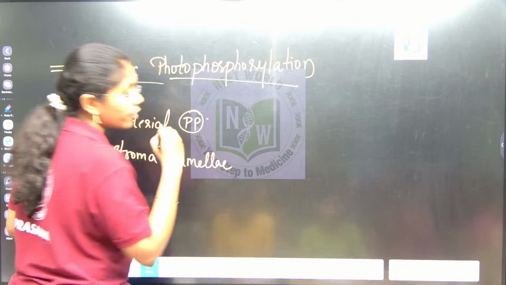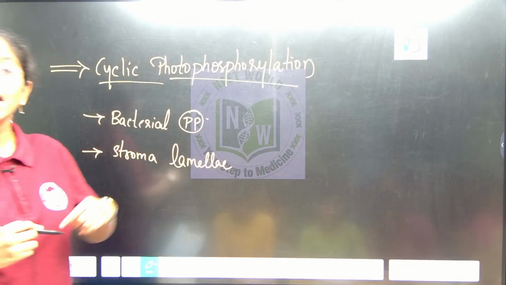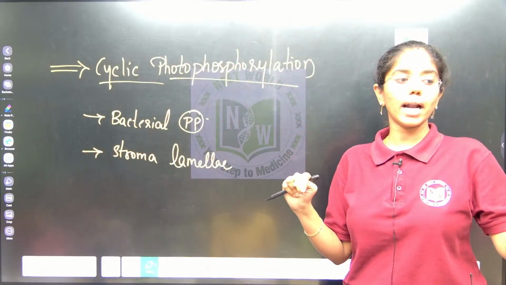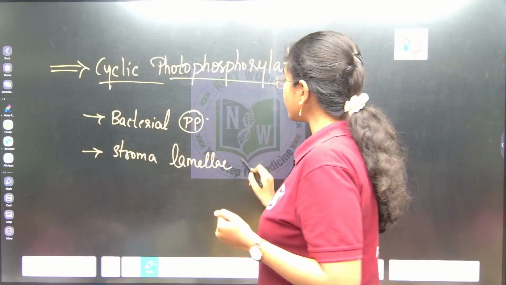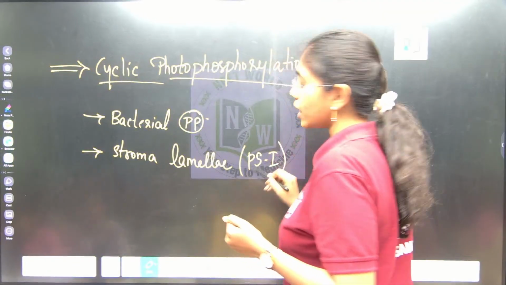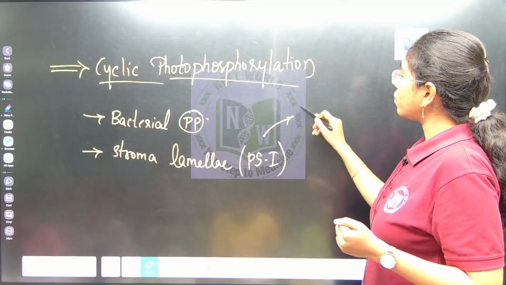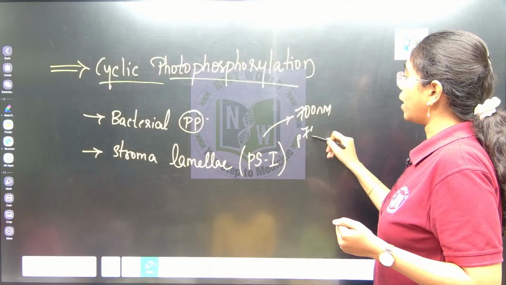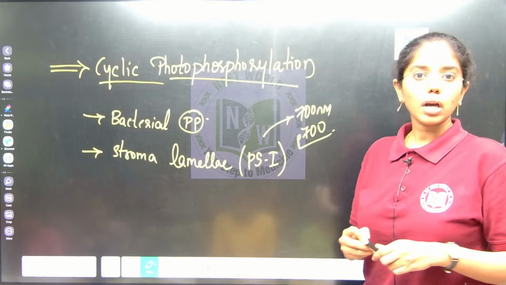For non-cyclic photophosphorylation, it occurs in thylakoid lamellae, where two photosystems are present, PS1 and PS2. But here this occurs in stroma lamellae, only one photosystem is present, that is PS1. So, the maximum wavelength will be 700 nanometers, which is P700. Got it right? Okay.